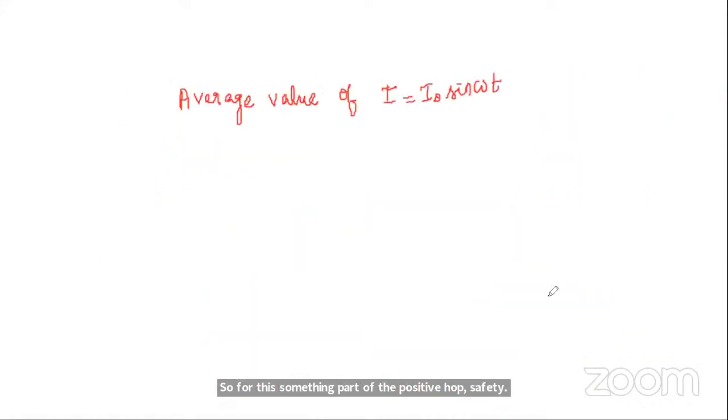Let us see how we can calculate. The average value of I equal to I naught sin omega t over the positive half cycle.